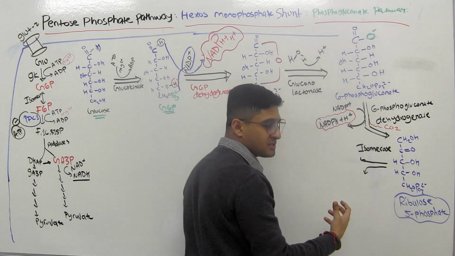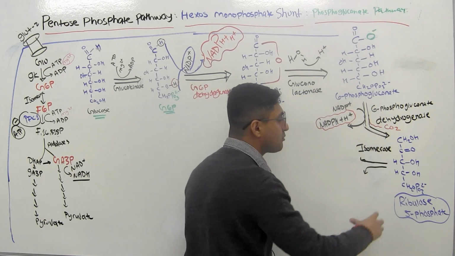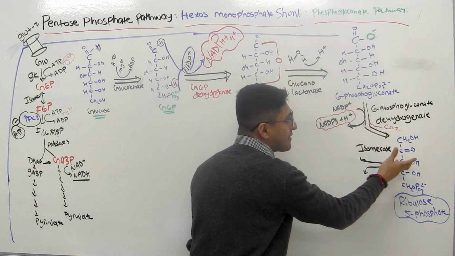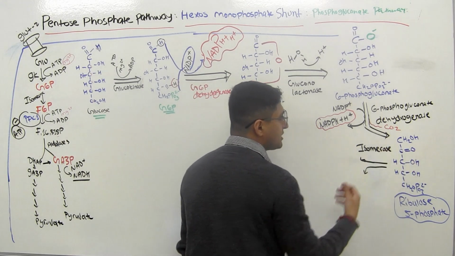Basically, the product is going to have the same chemical formula, but because of the rearrangement it will have a different structure. For example, right now there is a ketone group in it.